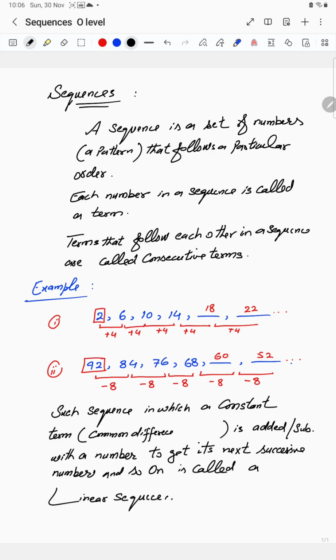A linear sequence is one in which you add or subtract a constant number to get every successive term. These are called linear sequences or arithmetic sequences, because they are related to the plus or minus of the terms.